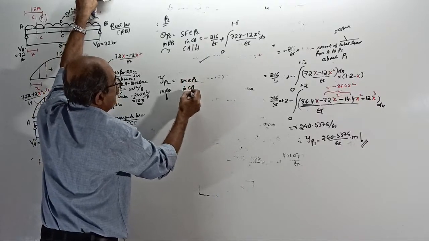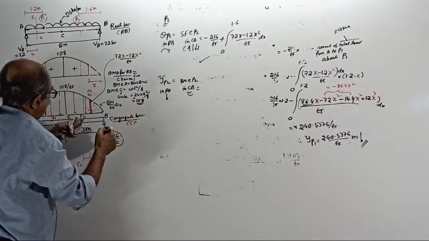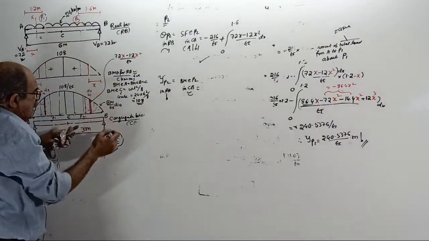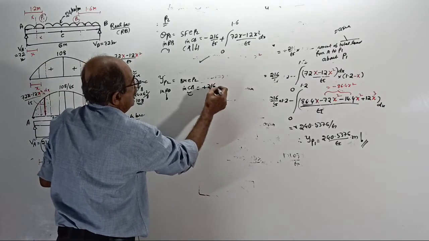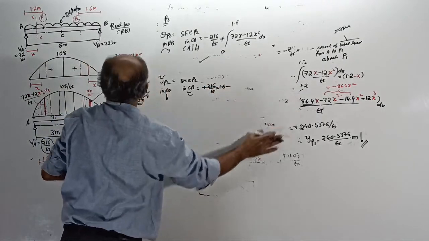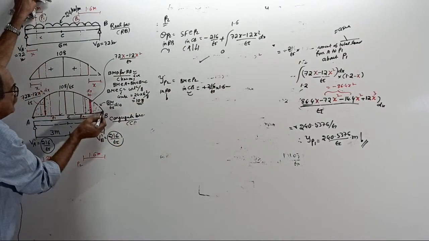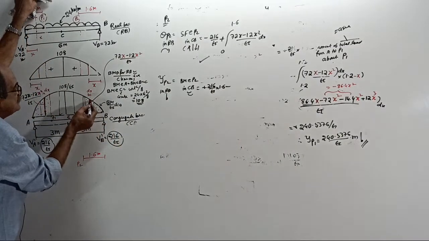When you want deflection at P2 in real beam, downward positive, equal to BM at P2 in conjugate beam, sagging positive, equal to, see, here P2, 216 by EI into 1.6 plus 216 by EI into 1.6 minus moment of this much area. That is strip area first.